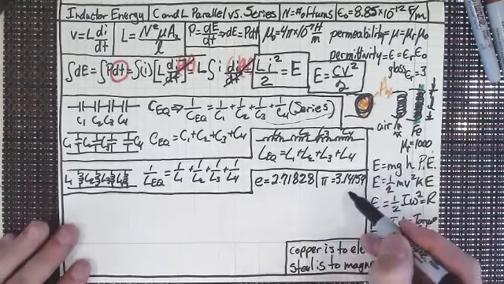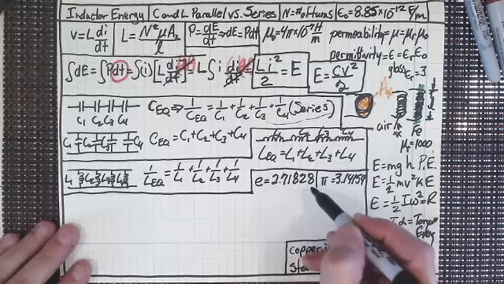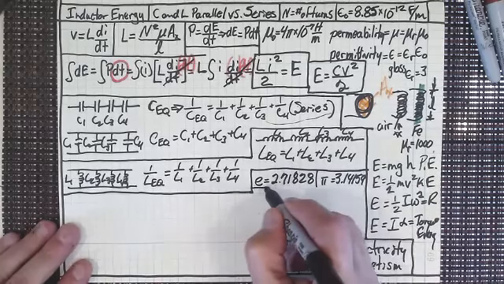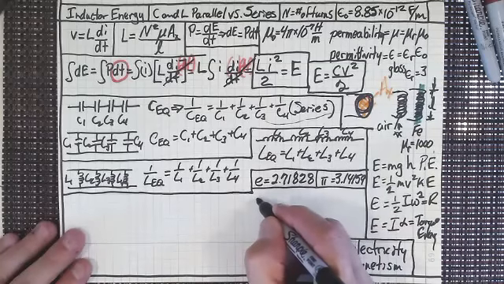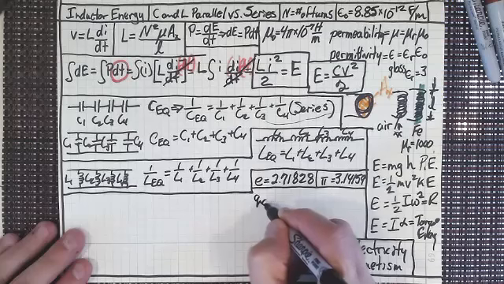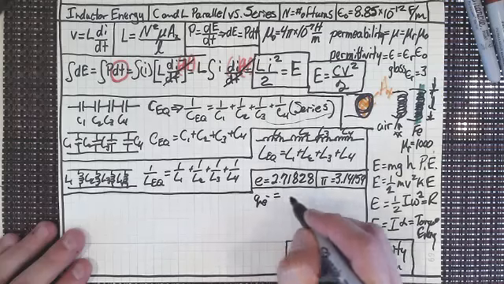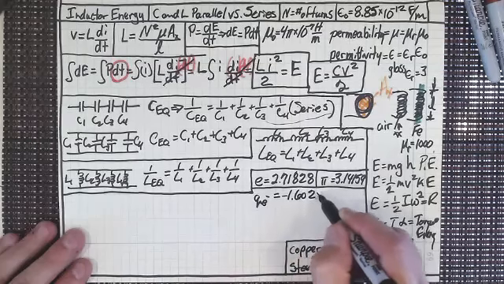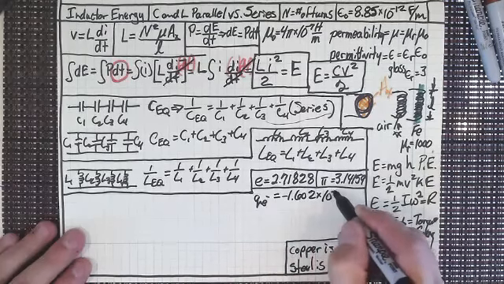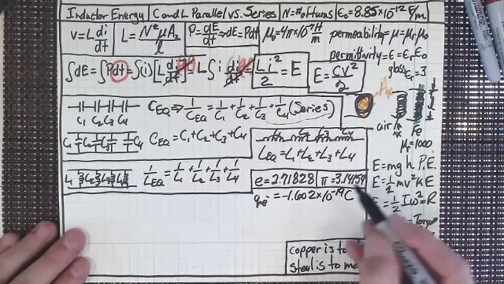It sort of rolls off your tongue, doesn't it? 1828 sort of rolls off your tongue. Those are constants that you remember. And of course, you remember that the charge on an electron, because you're electrical engineers, is minus 1.602 times 10 to the minus 19 coulombs.